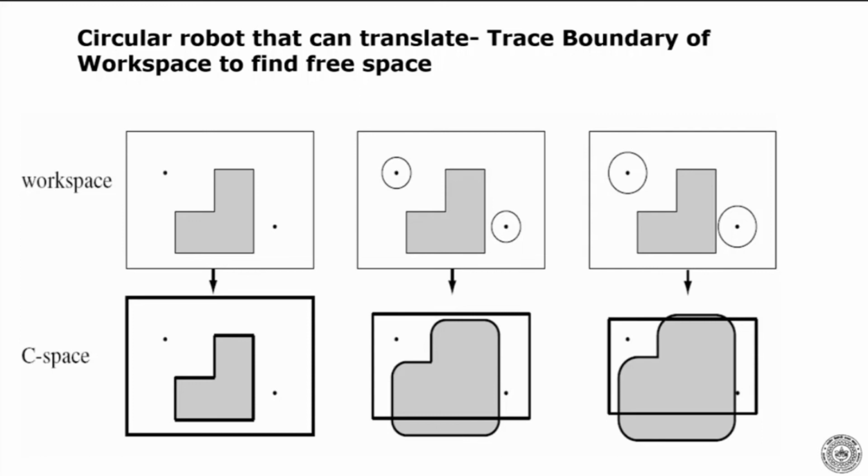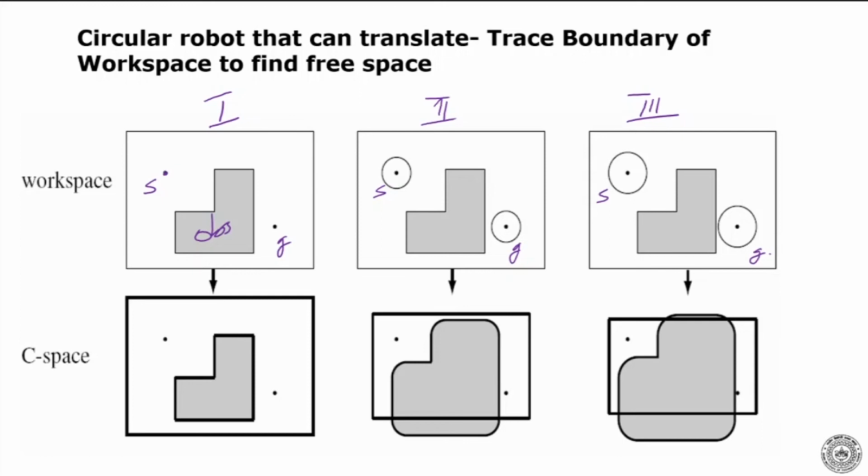So when we are trying to find a path, for example, let's look at case 1, case 2, and case 3. There is an obstacle here, and the workspace is given. In the first case, the robot is a point robot. I have to find a path from the start to the goal.